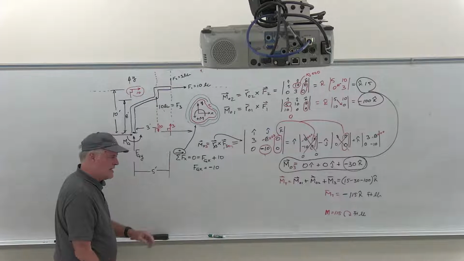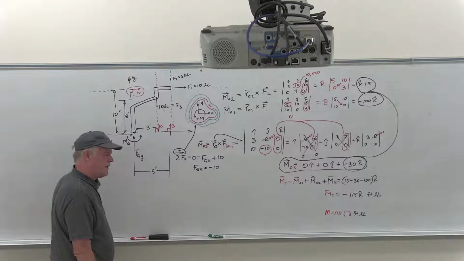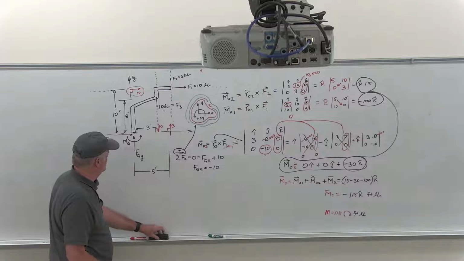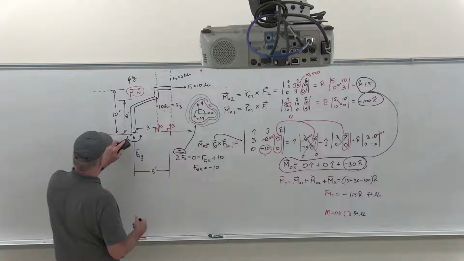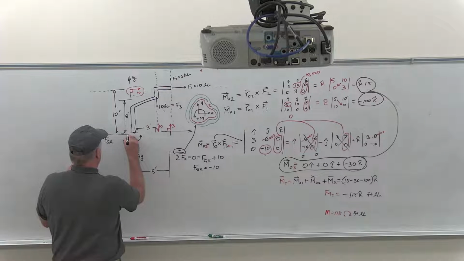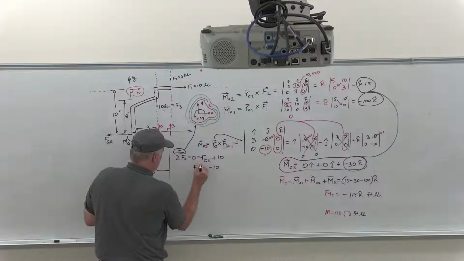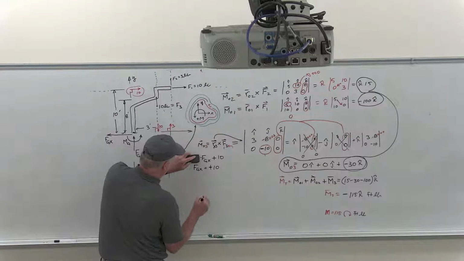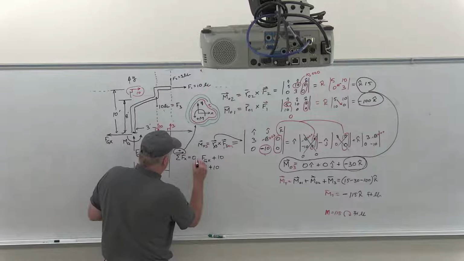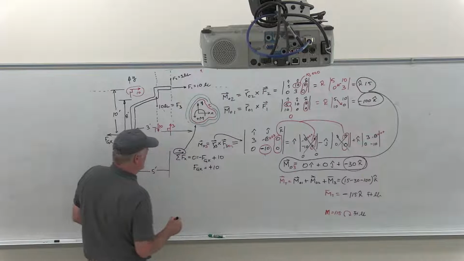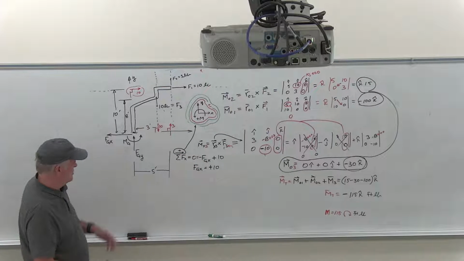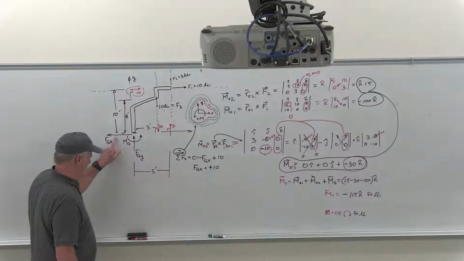It kind of depends on how he asks these problems. My initial reaction might be to do this, and then put a minus sign here, and then if I can doctor it quickly, I'll doctor it as quick as I can and move on. So I've got that, that's 10 pounds.